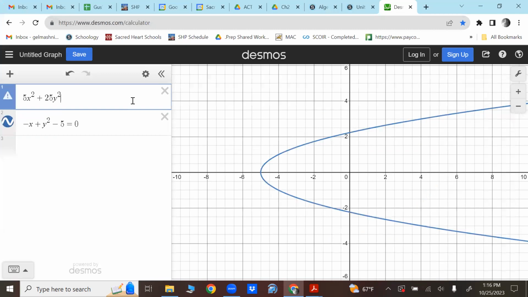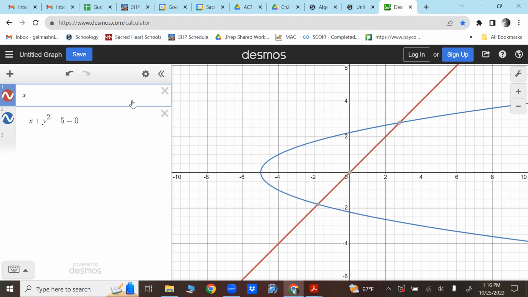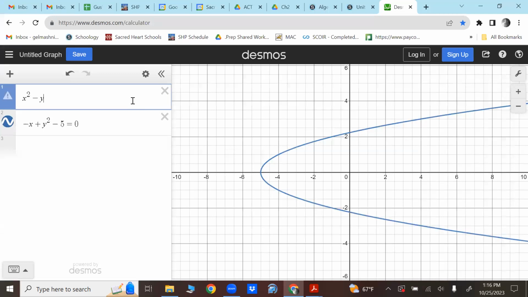Yeah, so see here. Let me punch this in. x squared minus y squared. So x raised to the second power minus y raised to the second power minus 8x plus 8y equals 24.